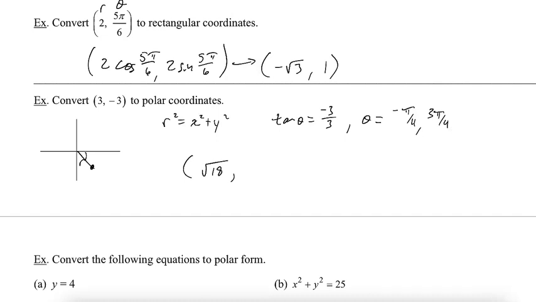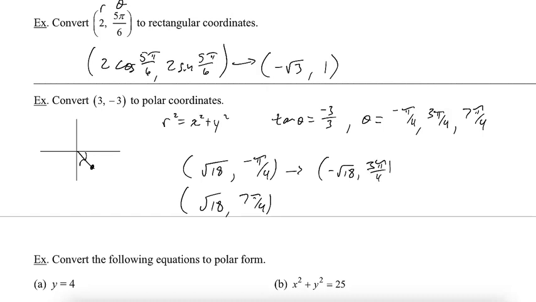And then there's other things all the way around. We could have 7 pi over 4. Right, so that's the same position as negative pi over 4. But I'm going to list this as either negative pi over 4, 7 pi over 4, and that 3 pi over 4, I can actually use that if I make my radius negative, just to get you guys thinking about this, which means I can also have negative root 18, negative 5 pi over 4.